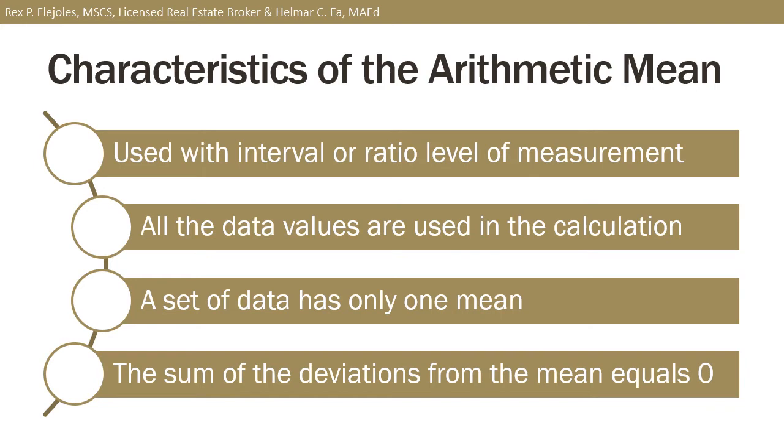For example, to describe the typical contract price of real estate properties with the following values of the inventory: 500,000 pesos, 600,000 pesos, 750,000 pesos, 750,000 pesos, and 5 million pesos.